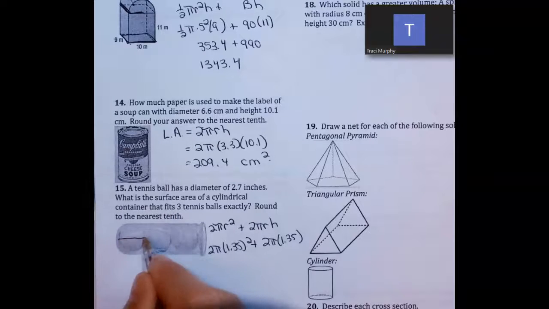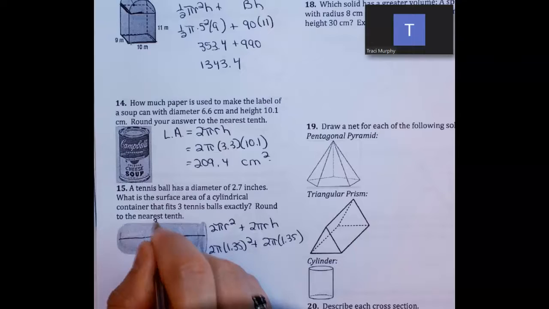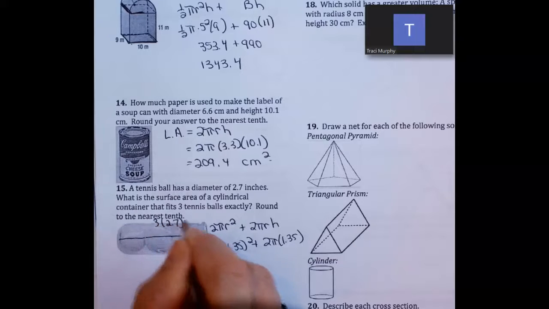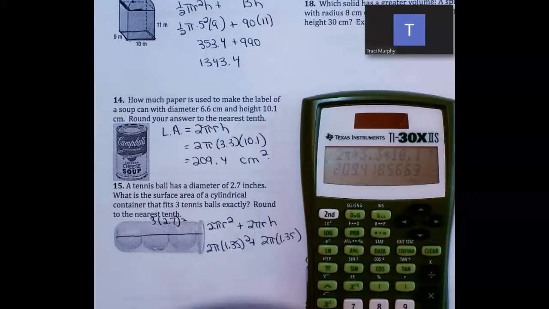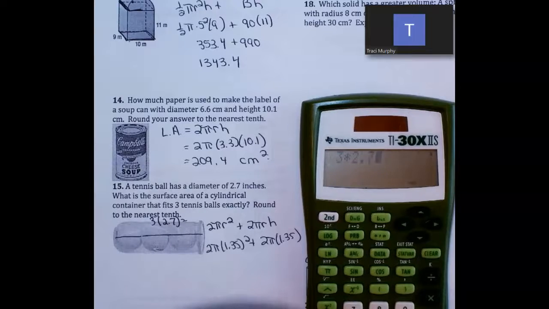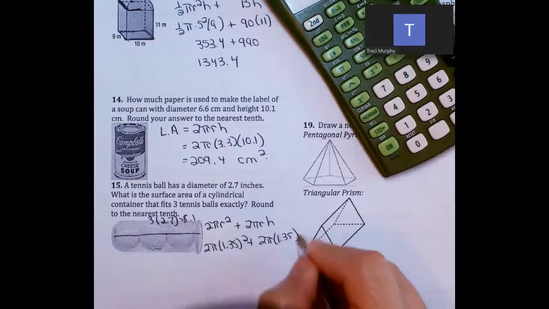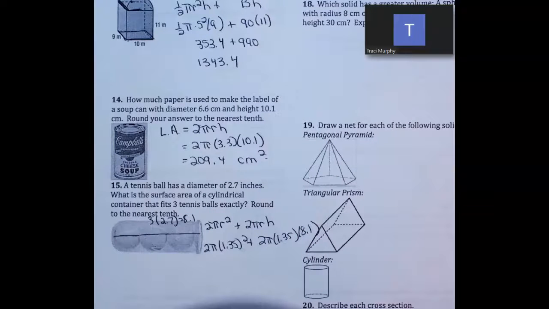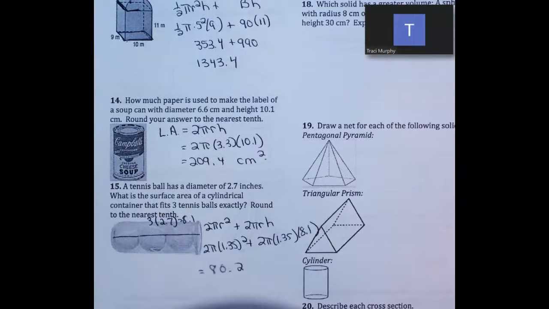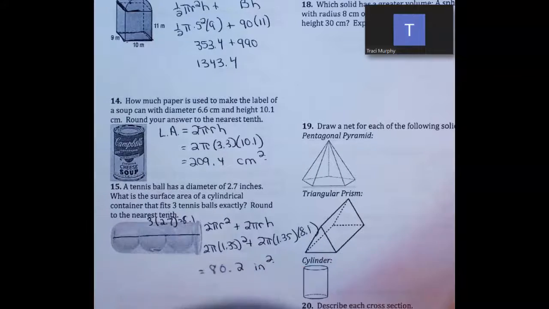This is 2.7, so is this, and so is this. So that whole height would be 3 times the 2.7. So my height is 8.1. So we can substitute that in here. I'm going to pick up my calculator, go ahead and plug everything in. Okay, I got an answer of 80.2, and that would be inches squared.